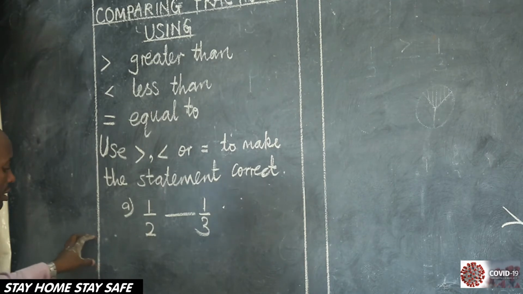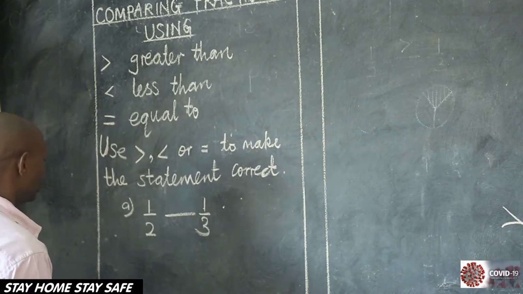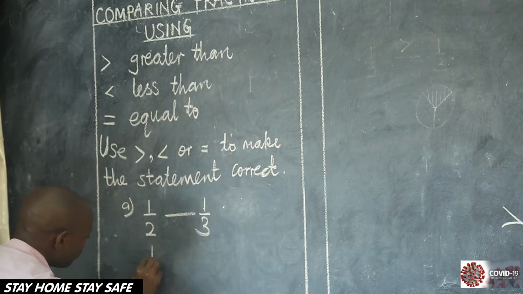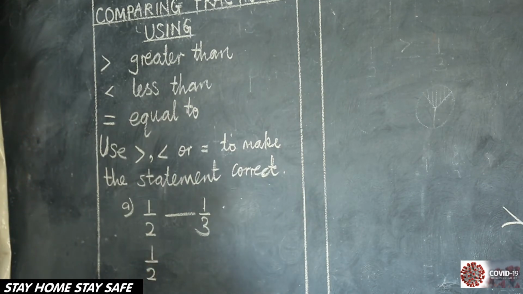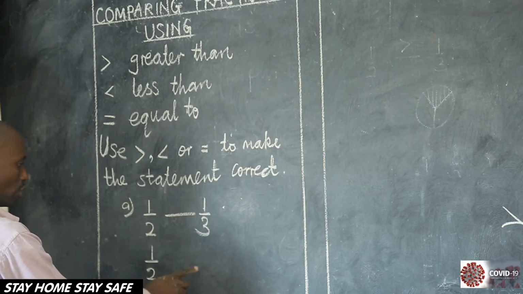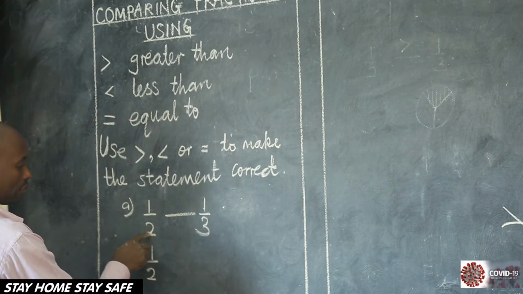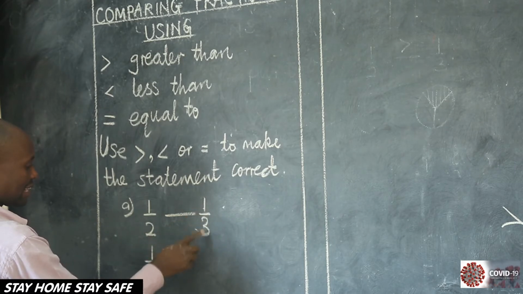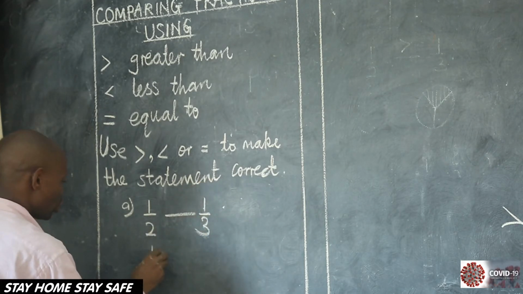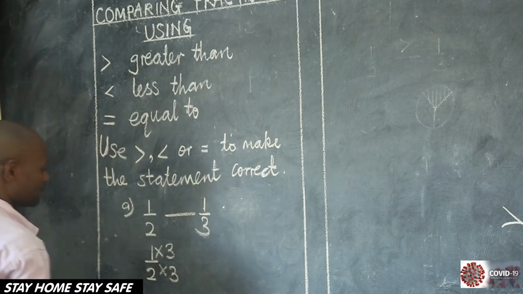By using equivalent fractions, which I have already taught you. So we are going to get a half, and we are comparing it with a third. So I'm going to use the denominator for the fraction which I'm comparing to a half. And the denominator for a third is 3. So you multiply it on both numerator and denominator.